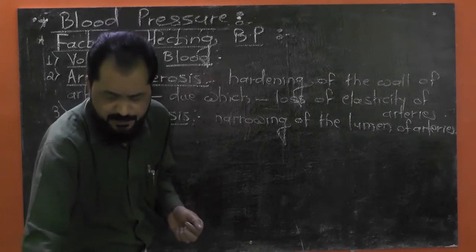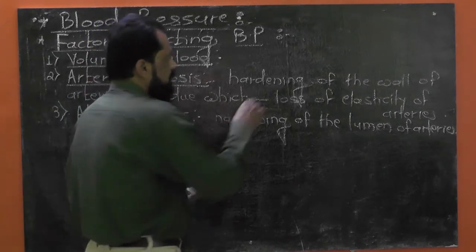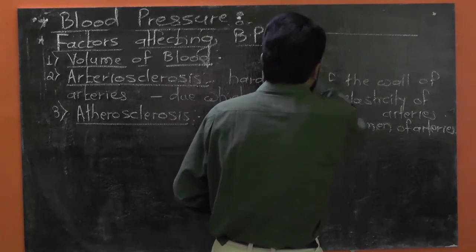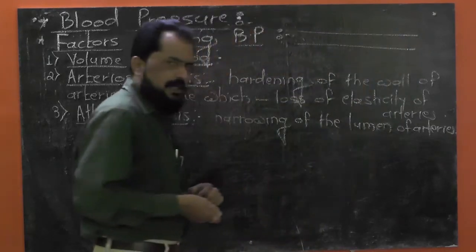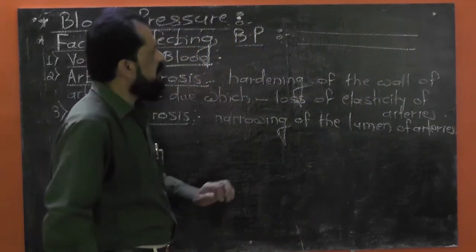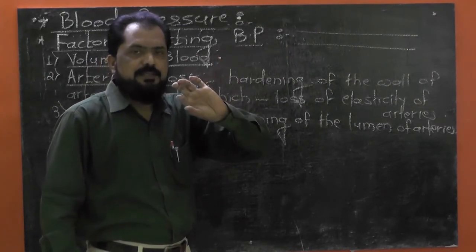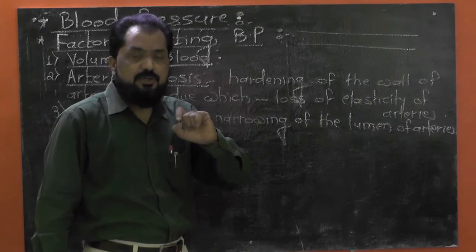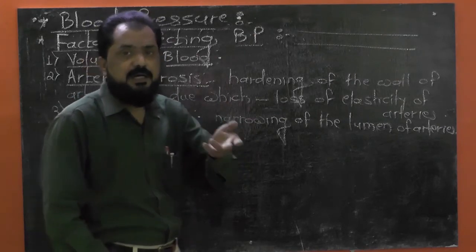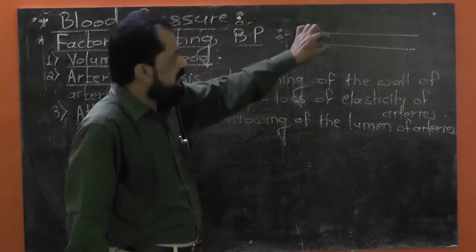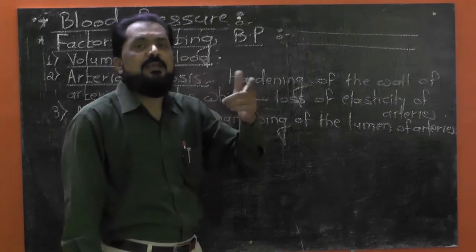Let me tell you, consider here is supposed to be the artery. I told you just now, in old age there occurs hardening of the wall of the artery. There is a loss of elastic nature of the artery, and that's why arteries do not show distension and recoiling efficiently.